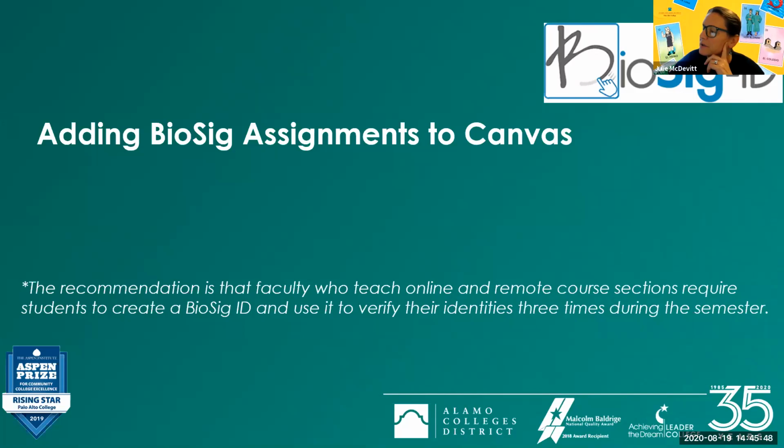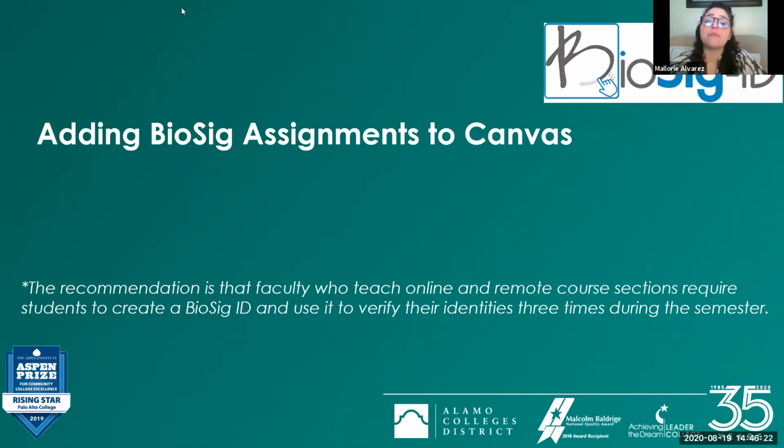Okay, I'm trying to answer the ones that I can, but there's some I'm unsure of. So Sheila is asking, she used an older version of Raleigh's template. So she'll probably have to update the BioSig page to make sure that that new link is active. If you already used an old template that had the BioSig instructions, all you would need to do is delete the BioSig enrollment assignment.